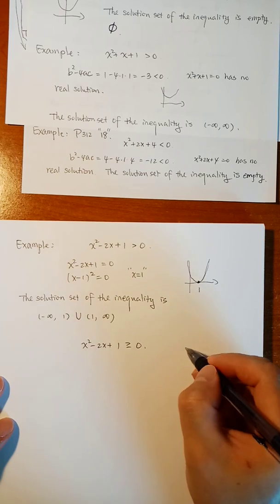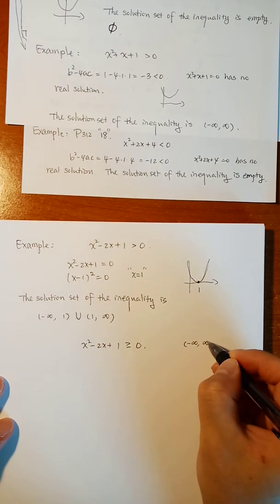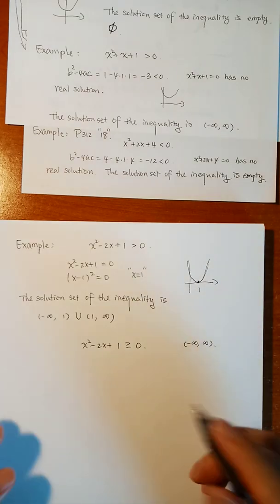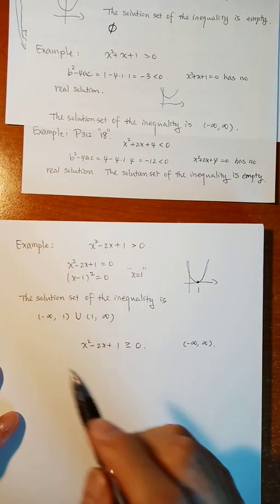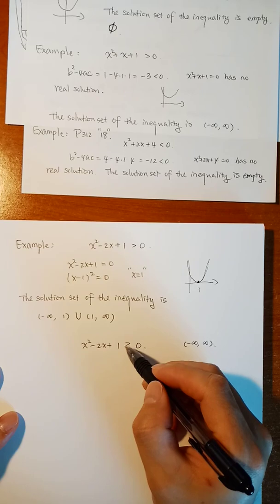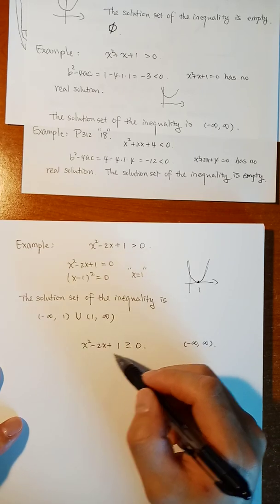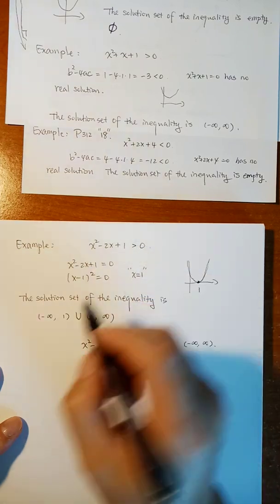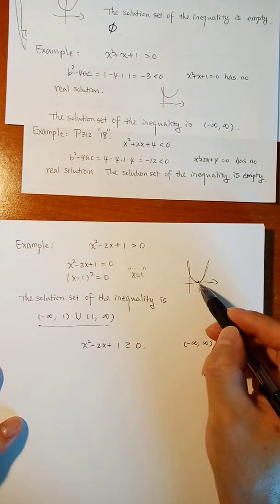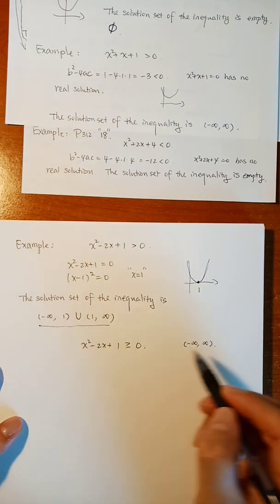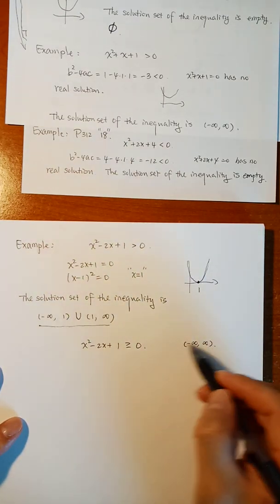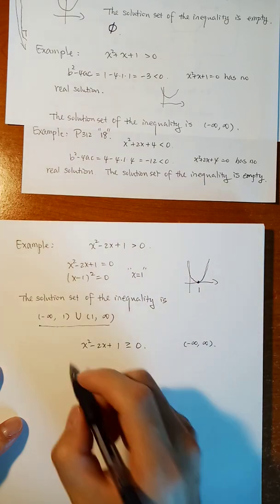Then the solution set will be negative infinity to positive infinity, everything. I'm going to use the same question, but just change this symbol a little bit, to see the difference between the solution sets. Greater than 0, your solution set does not include 1. Greater than or equal to 0, your solution set will include 1, which gives us the whole number line.